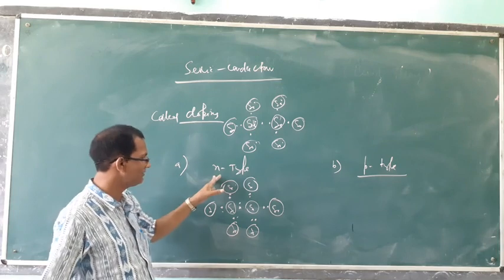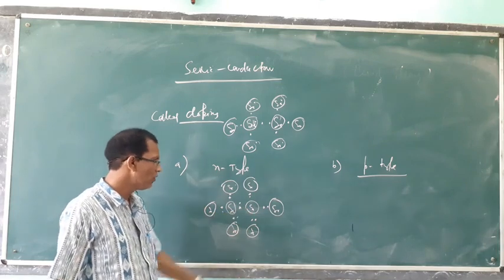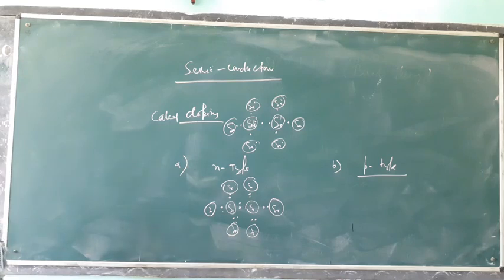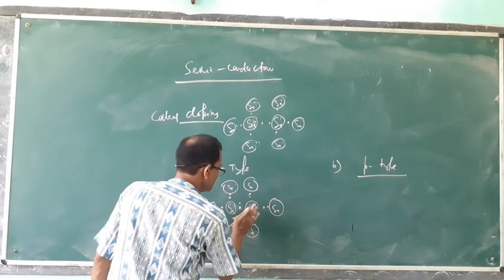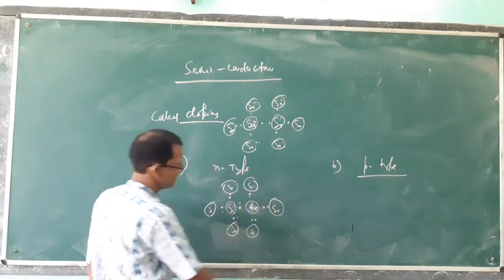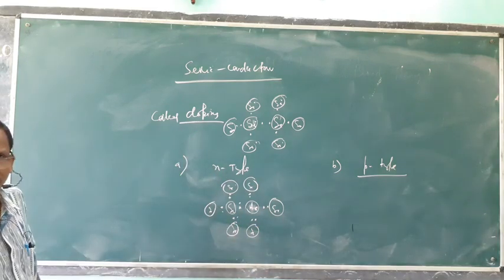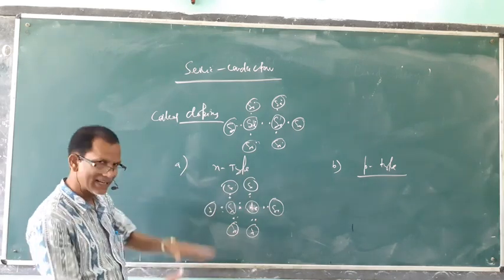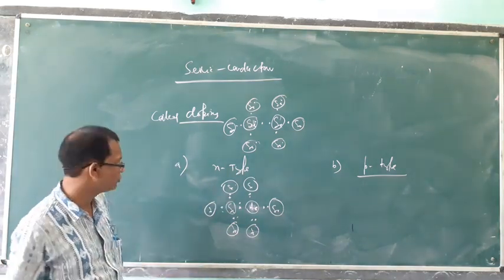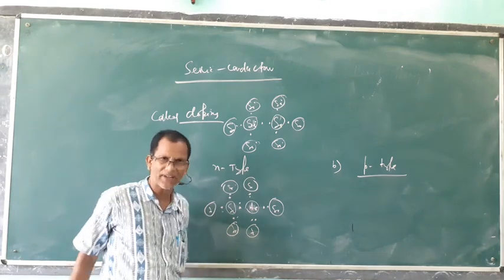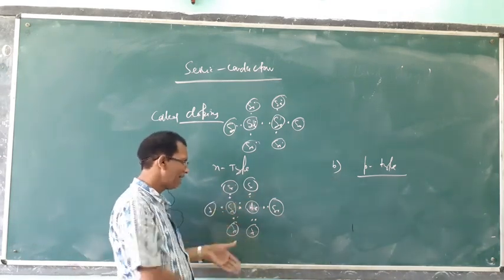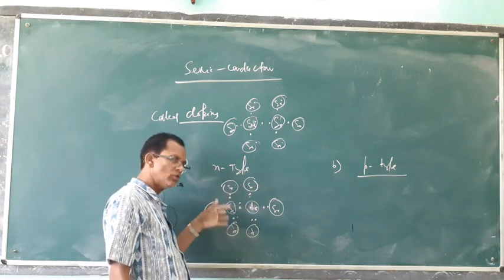When silicon, valence 4, is doped with arsenic, suppose here arsenic replaces silicon. When we are adding arsenic to the silicon during preparation of crystals, we have added arsenic to the silicon.